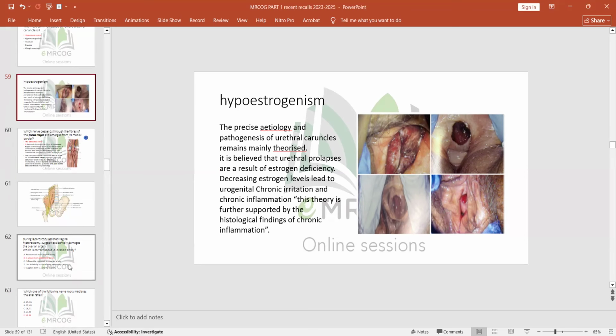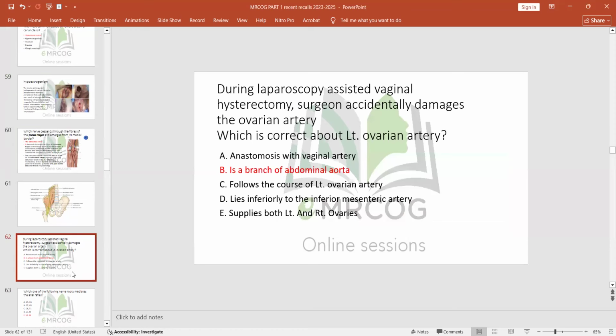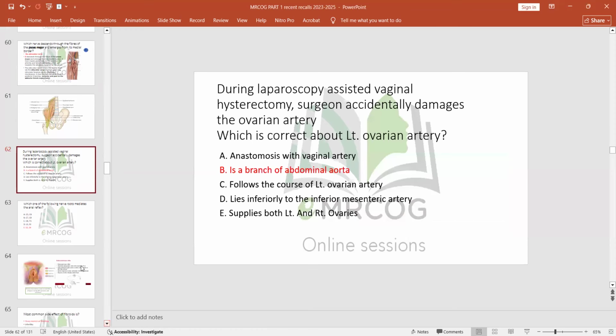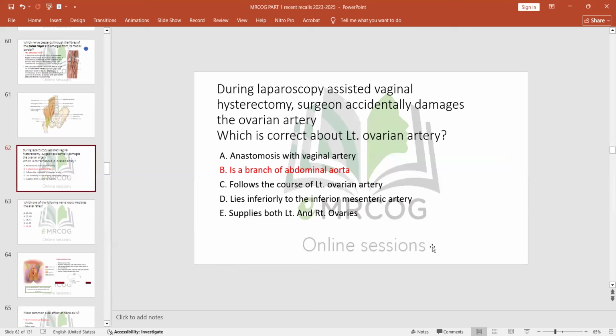Okay, so let's take this one and this one and continue tomorrow. During laparoscopy assisted vaginal hysterectomy, the surgeon accidentally damaged the ovarian artery. Which is correct about the left ovarian artery? If this was for part 2, it would be a very different question.